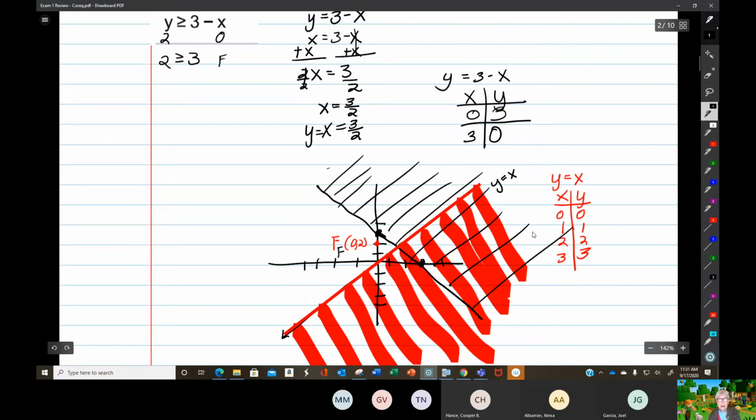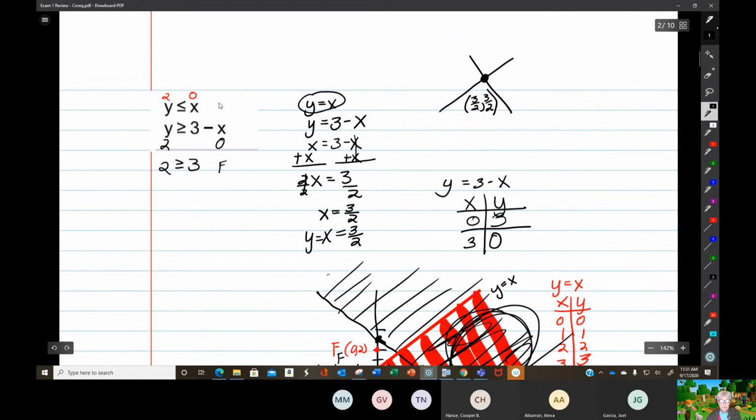Okay, that's all I need to do on my paper because I'm graphing on MyMathLab. So I see where these colors overlap, and I know now that this will be the shaded area. So what you do now is you go to MyMathLab. For each of these lines, like for y equals x, I already did this, didn't I, down there? 0, 0, 1, 1, 2, 2.